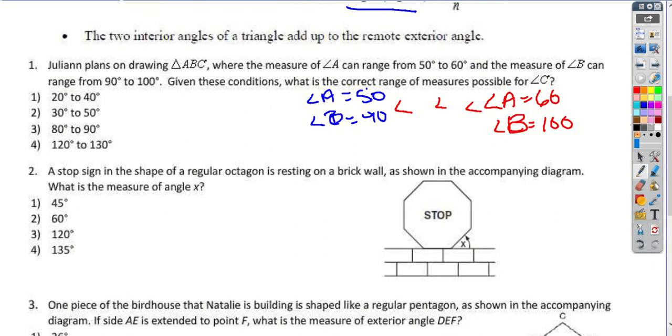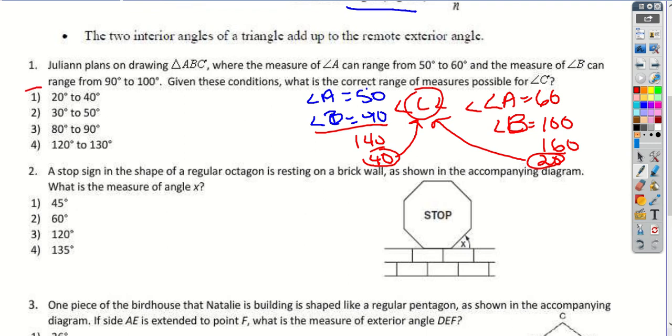If we add these together, we get 140, and if we add these, we get 160. So C is going to be some angle where it's 180 minus 140 and 180 minus 160. We know the range of C has to fall within 180 minus these two numbers. So 180 minus 140 leaves us with 40 degrees for angle C, and 180 minus 160 leaves us with 20 degrees for angle C. We're just doing the max and min here, and so we would choose choice 1.